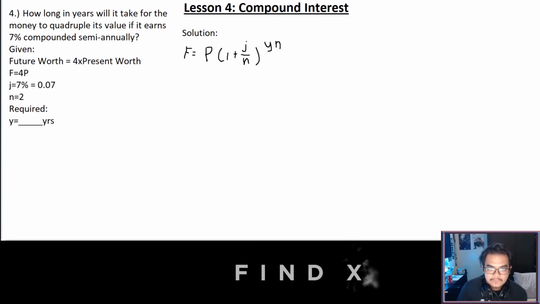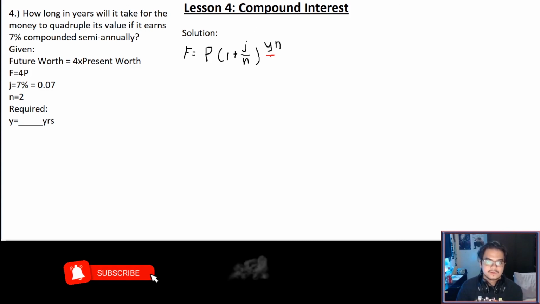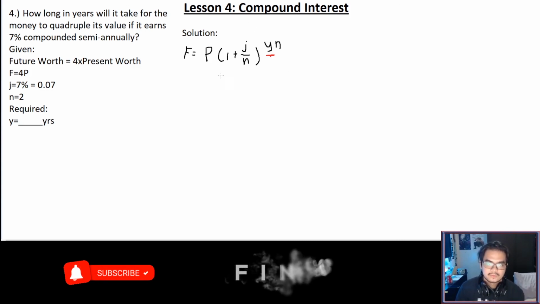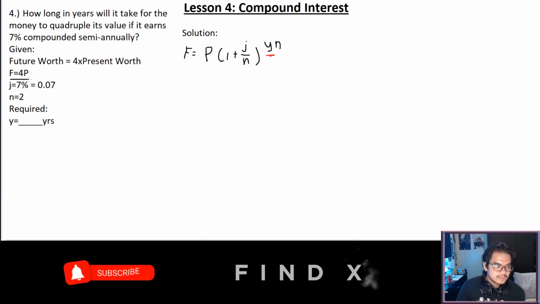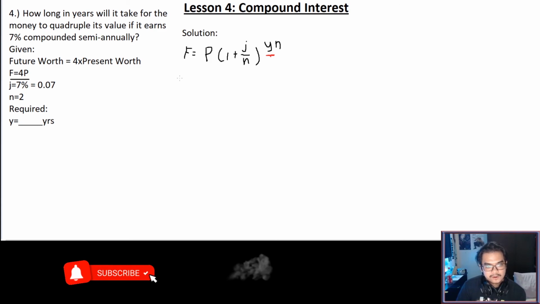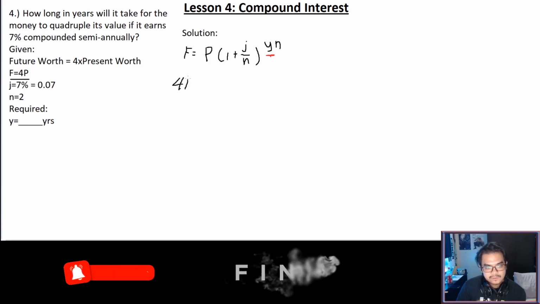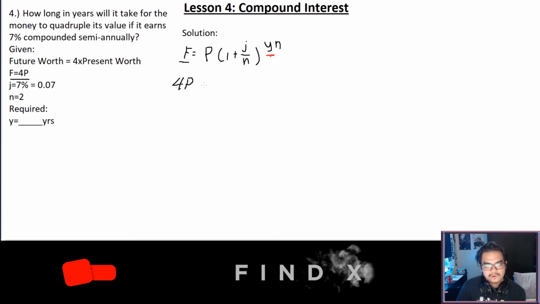Now we are looking for the value of y, therefore we have to isolate y. F is equal to 4P, right? So I will replace F by 4P.